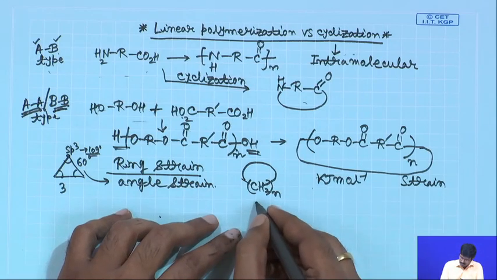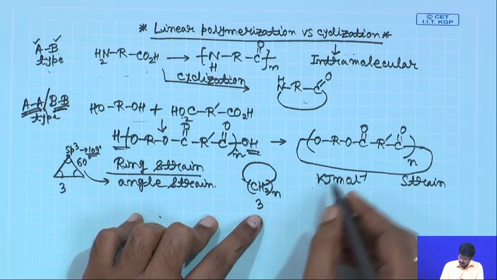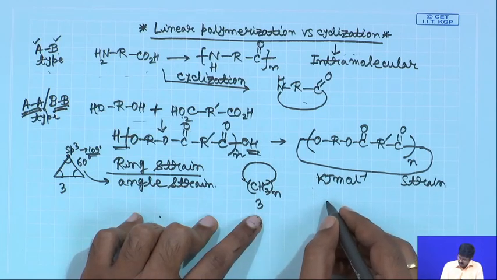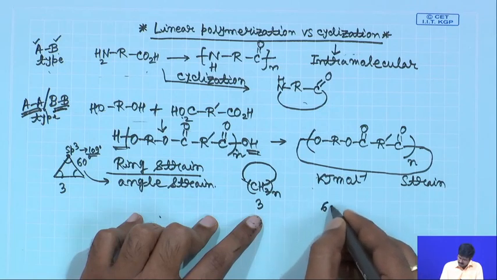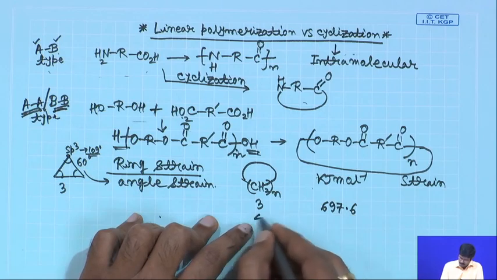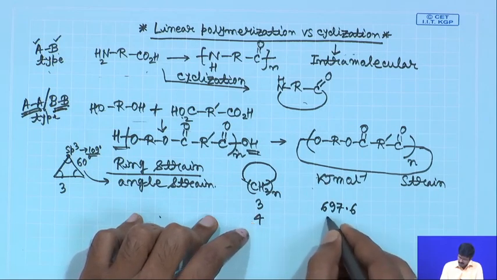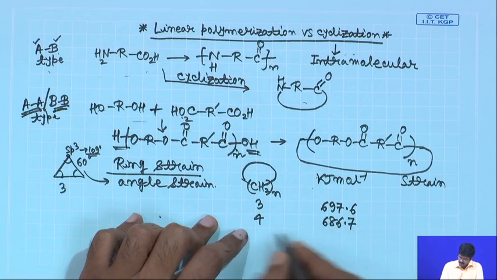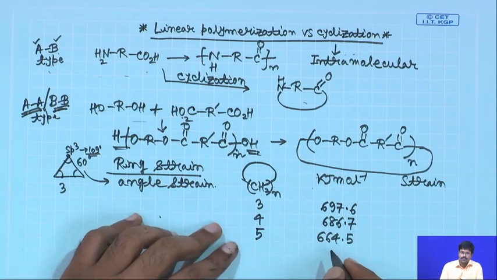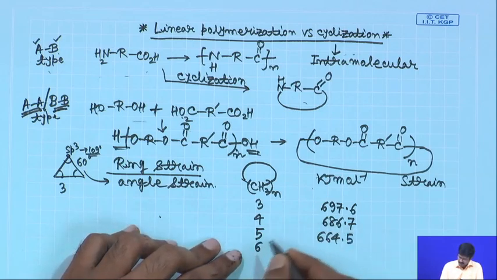So, if you have a 3-membered ring, then the heat of combustion per CH2 unit is 697.6 kilojoules per mole. 4-membered ring, 686.7. 5-membered ring, 664.5. 6-membered ring, 659.0. 7-membered ring, 662.8.